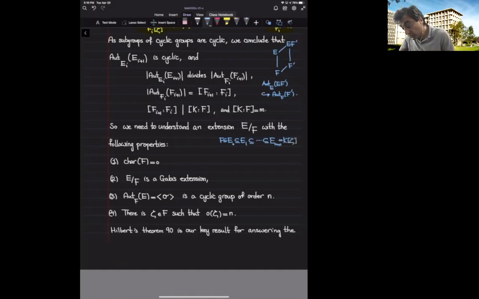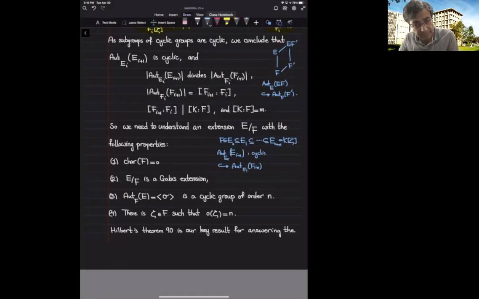What we showed so far is that each one of these extensions is Galois in the next one, and the E sub I automorphisms of E sub I plus 1 is cyclic. And moreover, this can be embedded into the automorphisms of F sub I plus 1 that are F sub I linear.